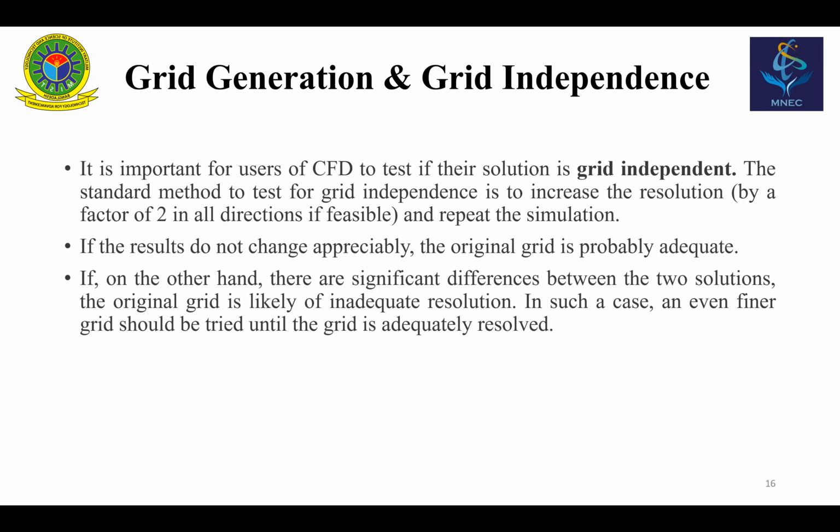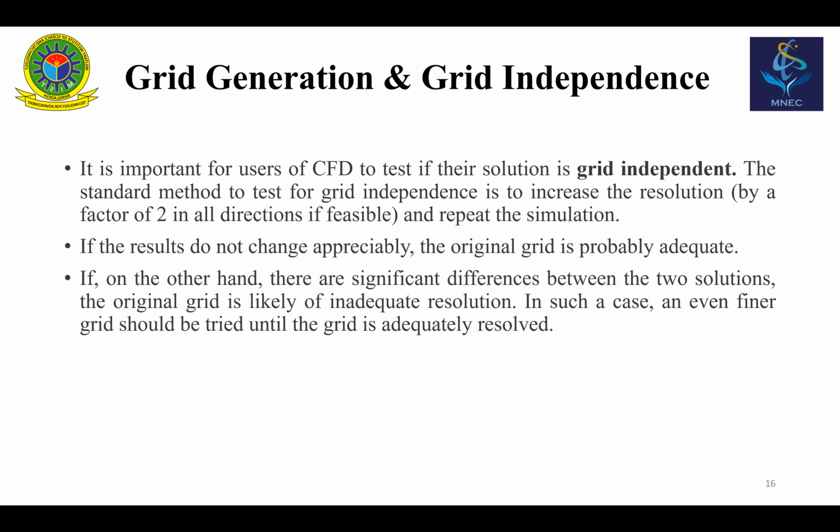But in your earlier calculation, when you took 50,000 nodes, your pressure drop was 50 Pascal, but when you increase the nodes to 60,000, your pressure drop has become 40 Pascal.